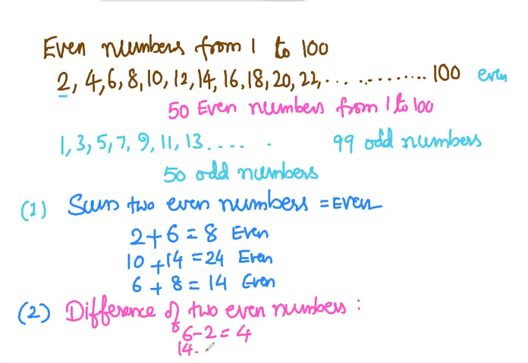Similarly, 14 minus 10, also 4, and this is even. If you subtract any two even numbers, 16 minus 10 is 6, 18 minus 12 is 6, 14 minus 6 is 8. In this way, the difference of any two even numbers is also an even number.